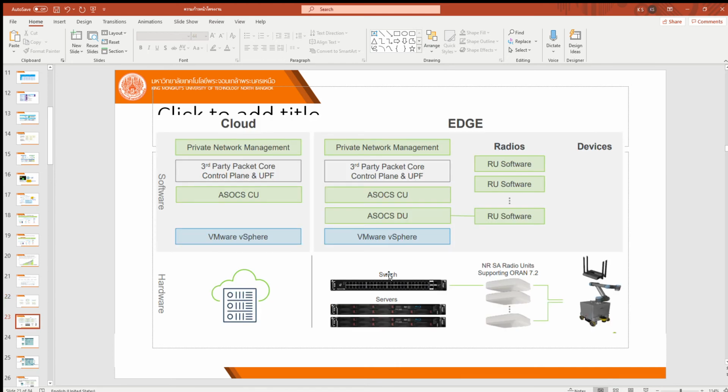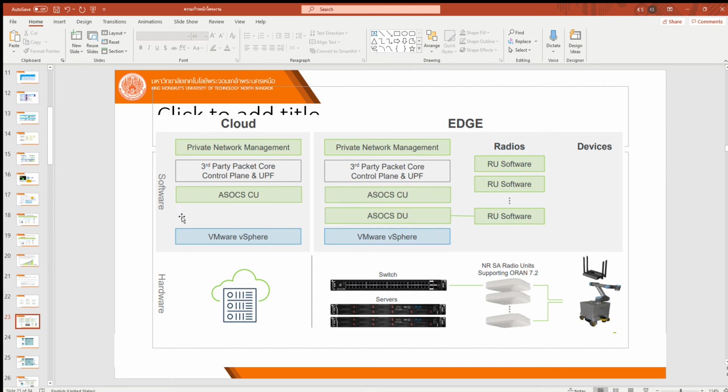And this is the device that we can use for the operation of the core network. One side is that we need to use the cloud. For the cloud, we need private network management, a third-party packet core control plane, or maybe some company to sell you software, or maybe you can implement your software by yourselves.